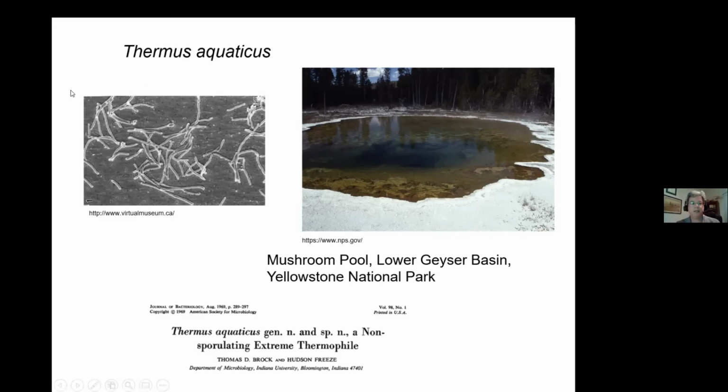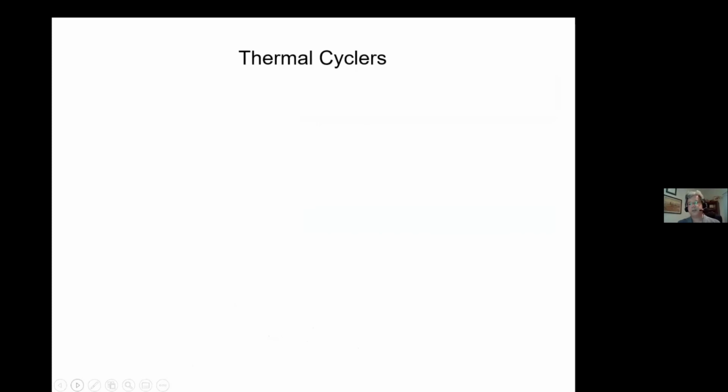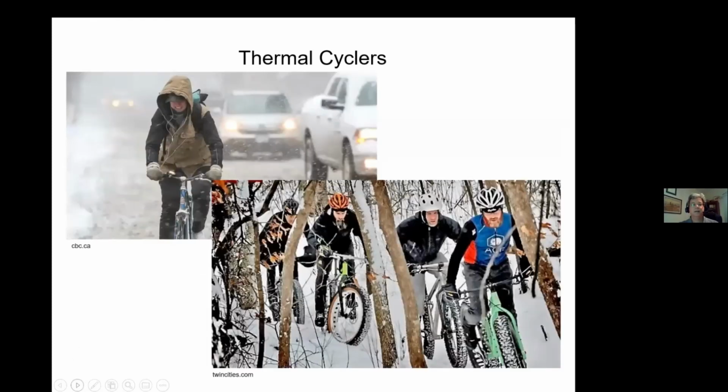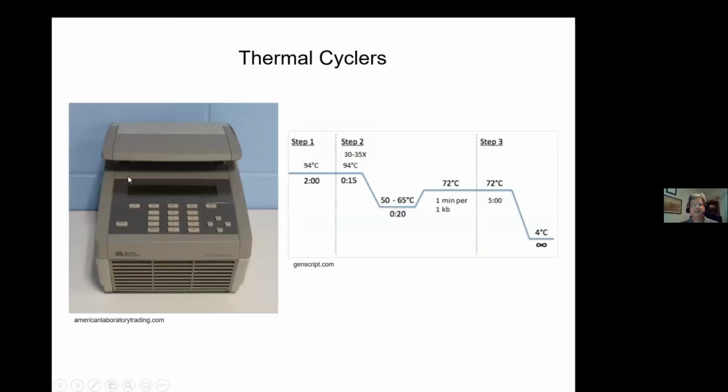And then the engineering fix, or the engineering advance, was development of a thermocycler. All right, so not these, this is one way of looking at thermal cyclers, right? But this isn't what I mean. It's one of these. All right, and the advance here is that they engineered an instrument that could rapidly change temperature.